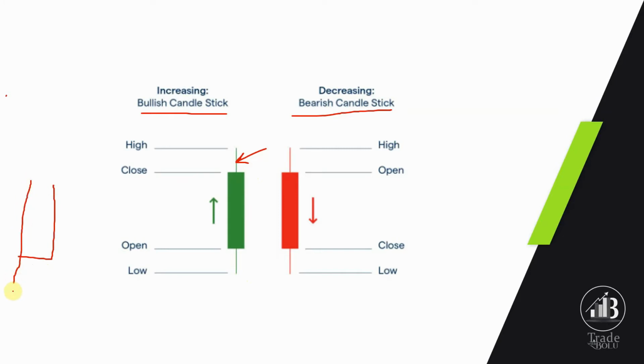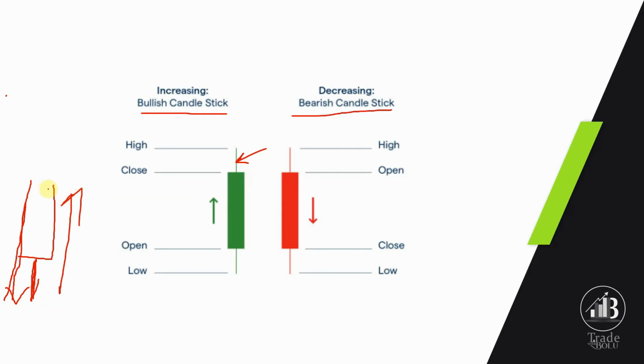Pardon my drawing, guys. That's where this wick you see formed, somewhere around here. Then the price retraced again and went all the way up.